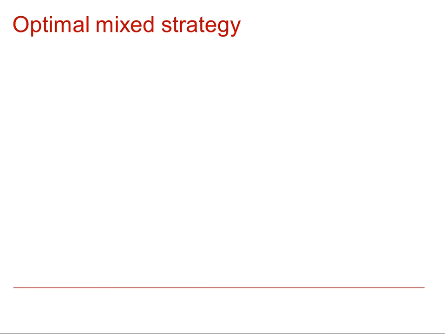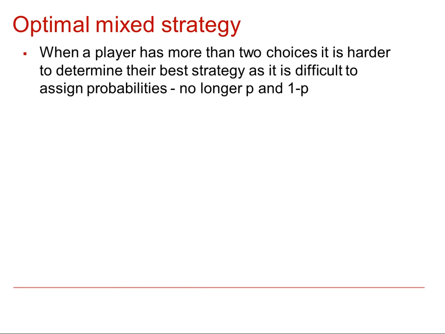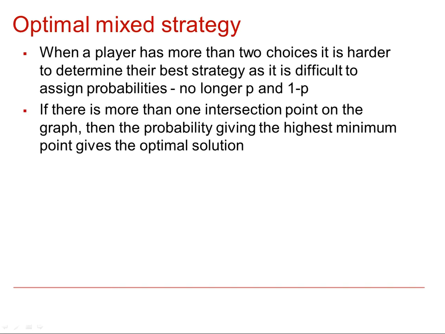In a situation where we've got more than 2 choices for one of the players, then for the player with 2 choices, we assign probabilities P and 1 minus P, and then look at the potential gains for each of the options for the other player.